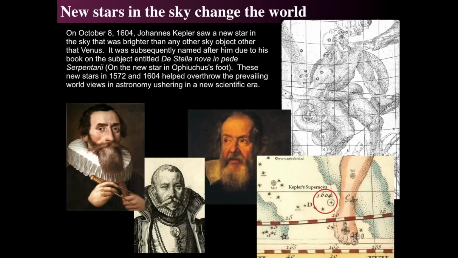That was a philosophical change, because if the stars could change, then perhaps the Earth could move around the sun. And that was the big, big argument of the day. Does the Earth move around the sun? Copernicus said as much, but only published after his death.